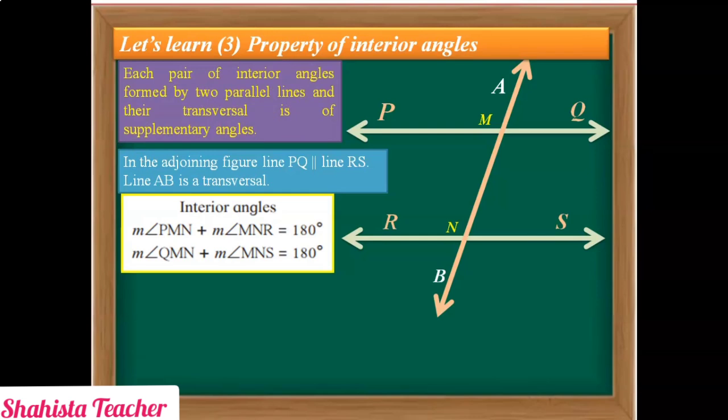Interior angles form supplementary angles, a linear pair of angles. Linear pair of angles means if two angles are present on one line, those angles are known as supplementary angles.